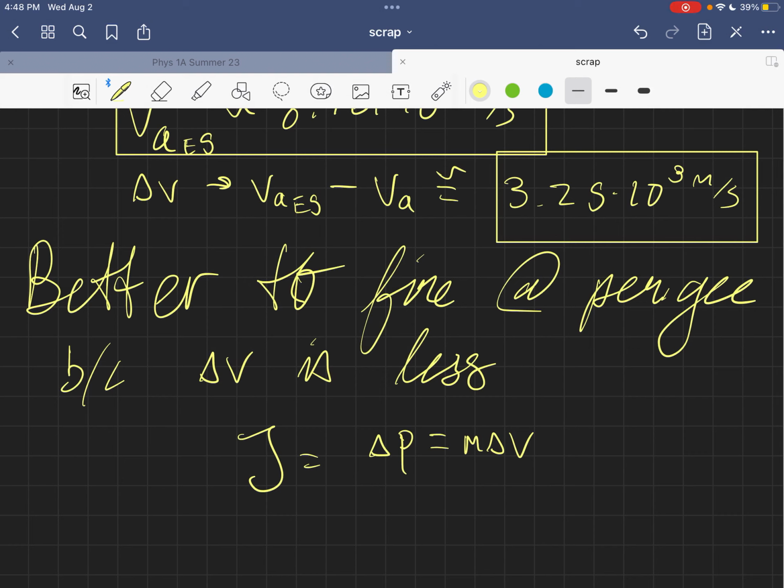So we're doing less work if we do it at perigee. And perigee is actually the most efficient place to fire your rocket if you want to escape the system.